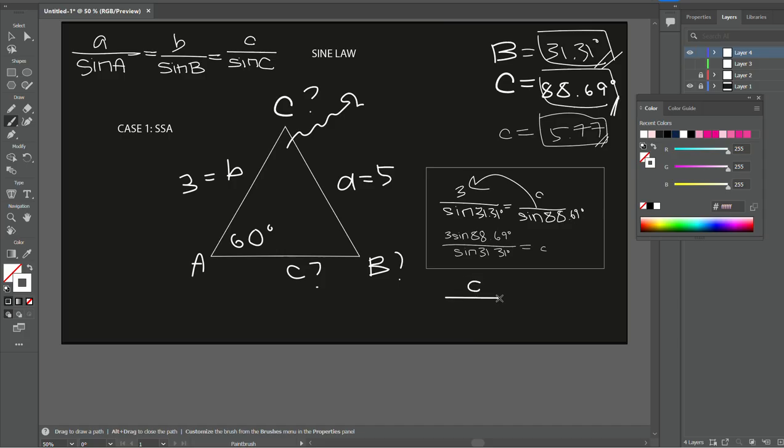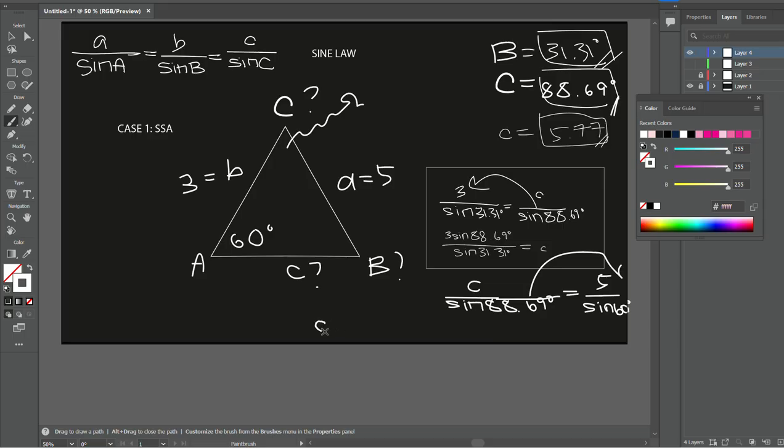C was A, so what he did was he placed it here.